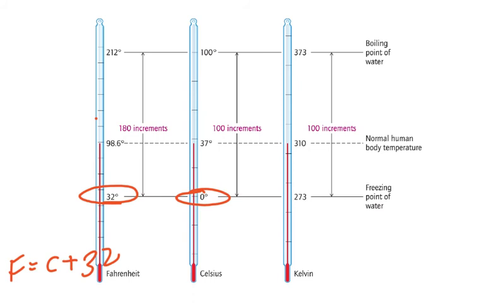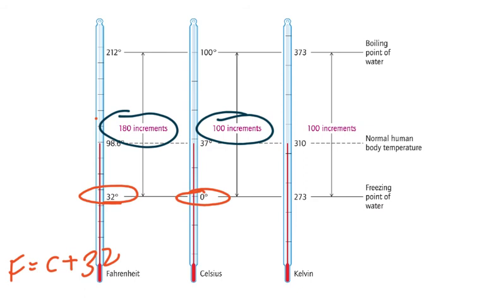So since we have 180 here and 100 here, if you've gone 100 in Celsius, you've actually gone 180 in Fahrenheit. And so you've gone more steps.